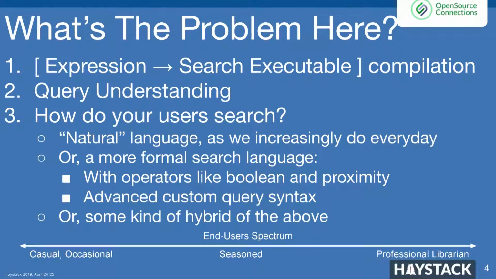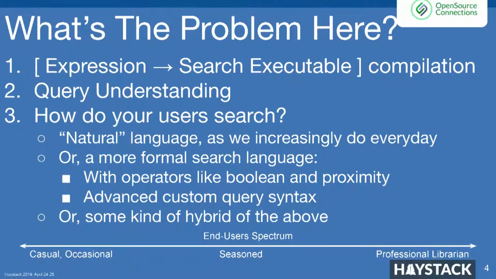But one thing we can do, if you're facing a search application, is to ask yourself how the end users search. Do they search with natural language, like we do every day with Google? These days people search by typing full sentences, as if they're talking to a human. And of course, Google has gotten so good at this.